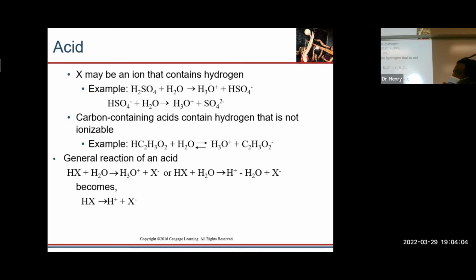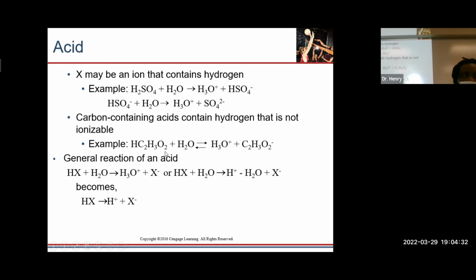So if we have carbon acids, carbon-containing acids are weak acids. The reason why they're weak is because they like to keep that hydrogen attached to them. So this is an example of acetic acid. Acetic acid is going to be able to ionize, but it's going to ionize weakly. So some of them are going to separate and form the hydronium ion and the acetate, but the bulk of them are going to remain in this form.